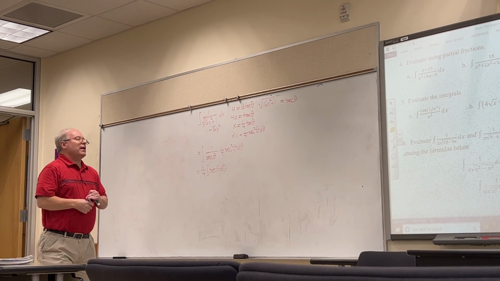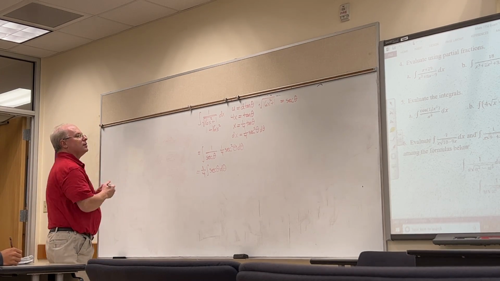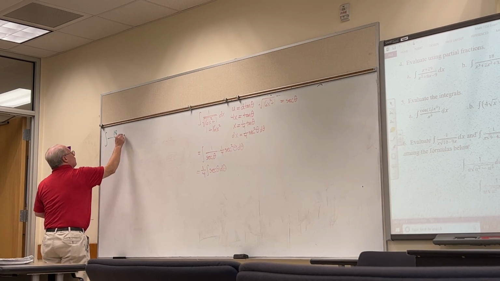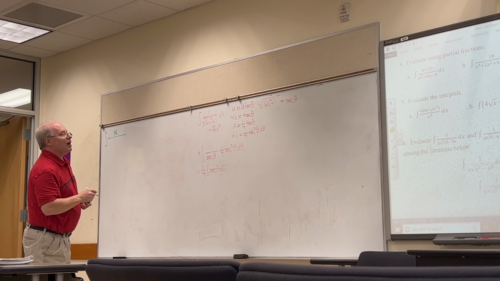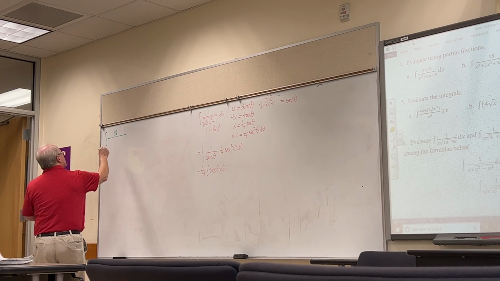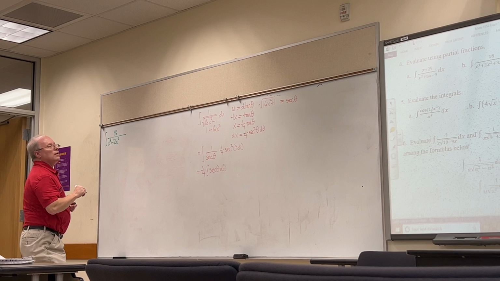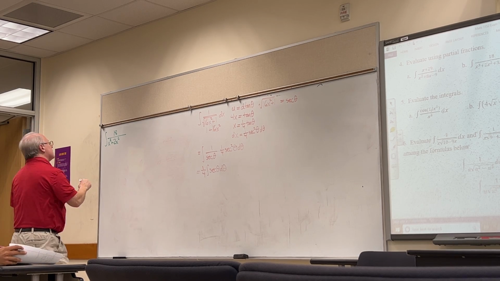We have the integral of 18 over x cubed plus 2x squared plus 3x plus 6.